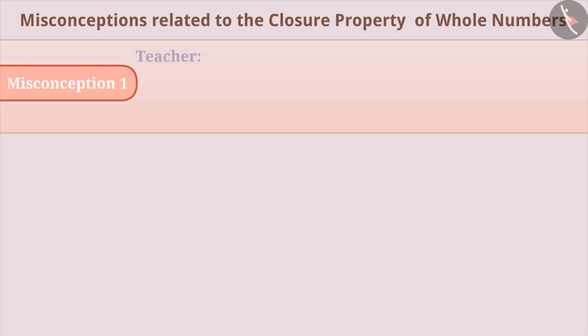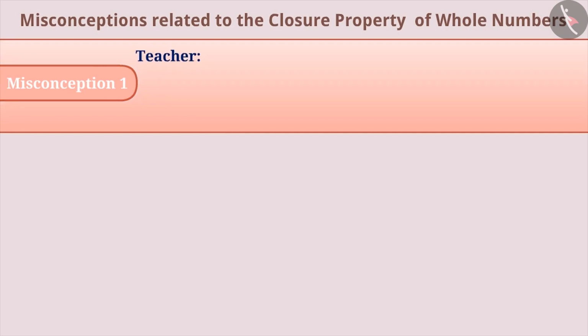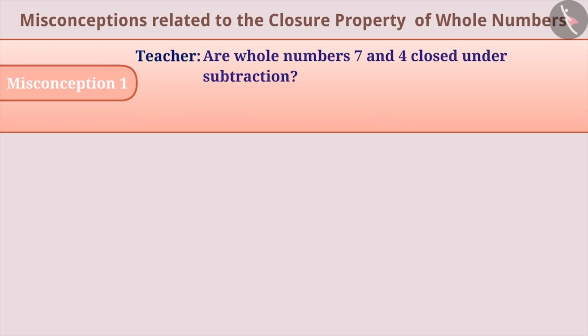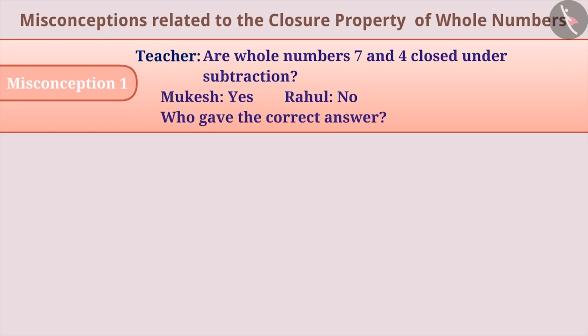Misconception 1. A teacher asked a question to the class. The question was, are whole numbers 7 and 4 closed under subtraction? To this, Mukesh replied yes and Rahul replied no. Can you tell me who gave the correct answer? 7 minus 4 is equal to 3.